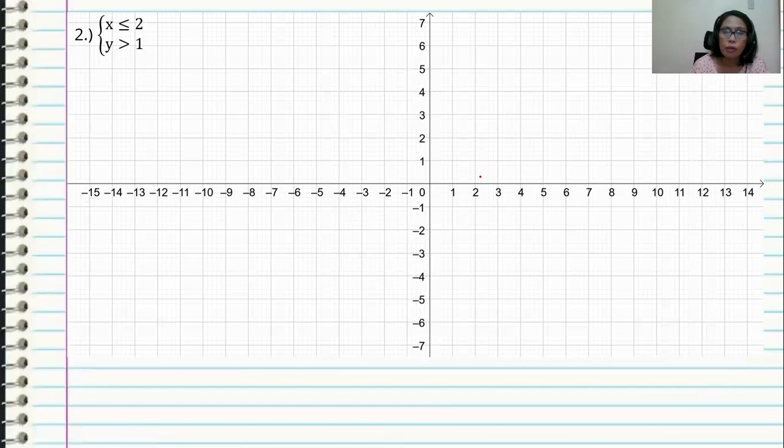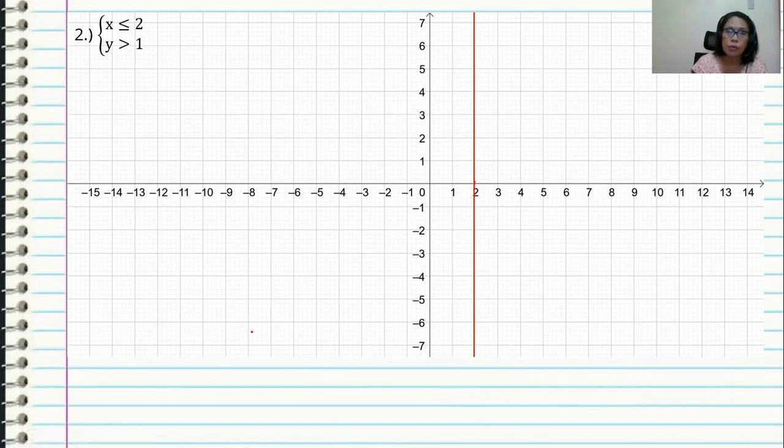So here, and then we will draw a vertical line along with this 2, since this inequality has an equal sign, less than or equal to. And then the shaded region will be from the left of this vertical line.